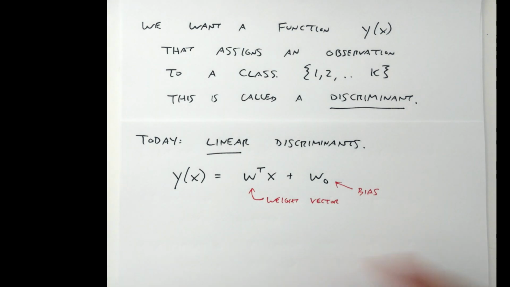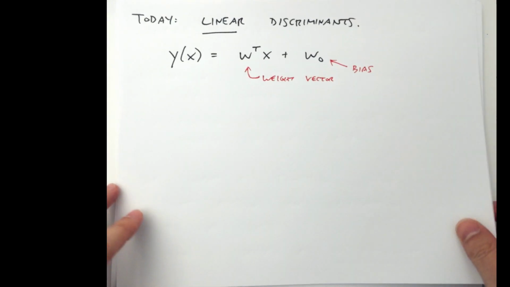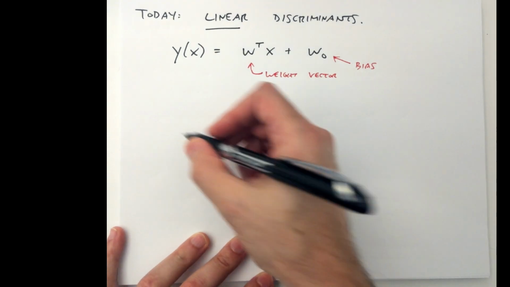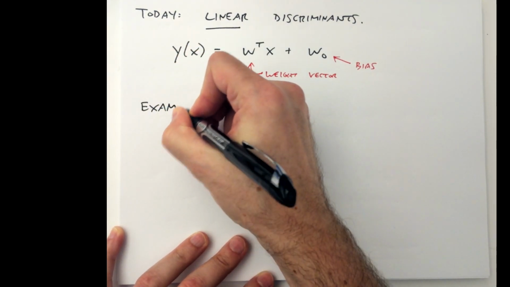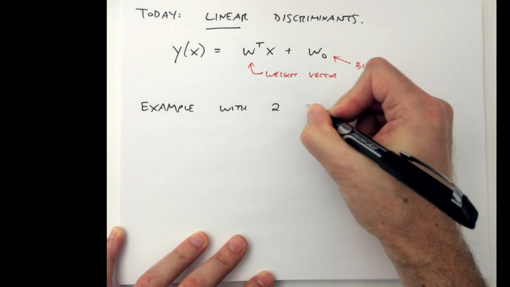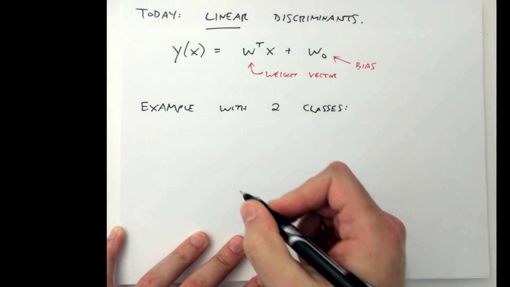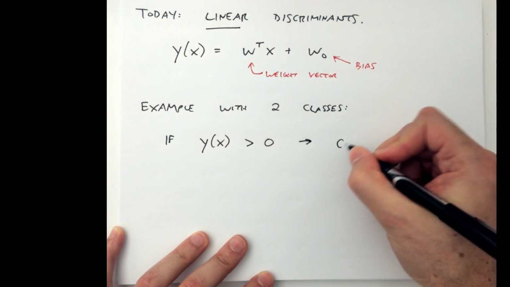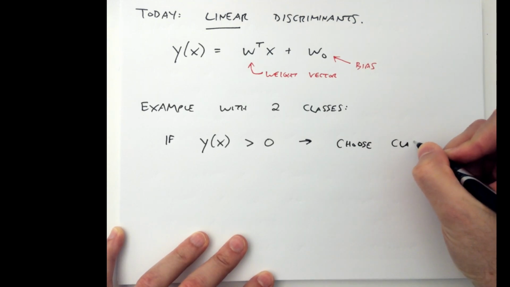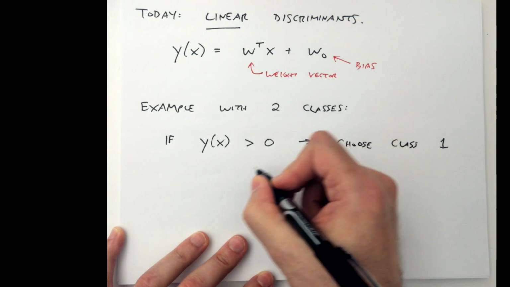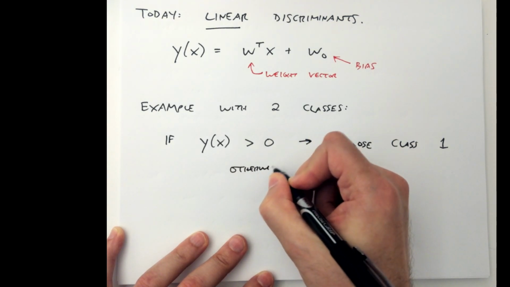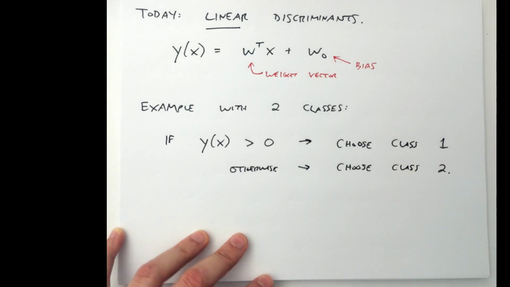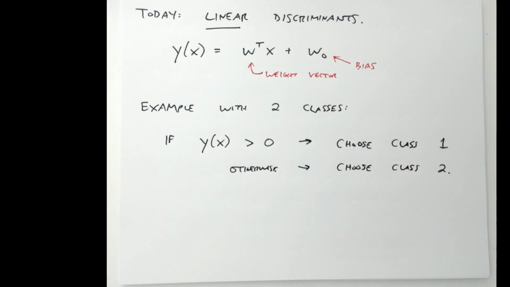So let's suppose that we have two classes, right? So basically, an example with two classes. We can say that if this function is greater than 0, then I choose class 1. Otherwise, I choose class 2. And so what does that mean in 2D, right?